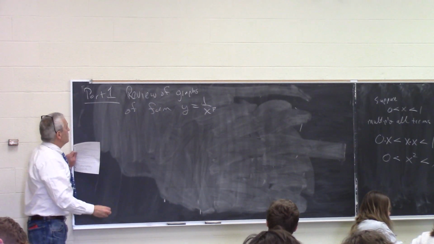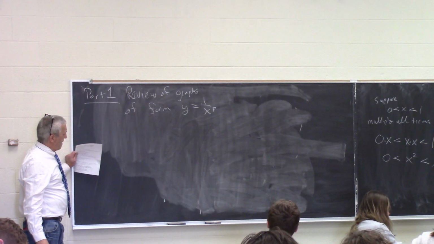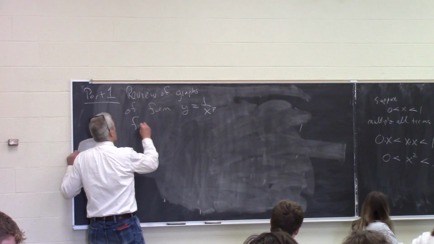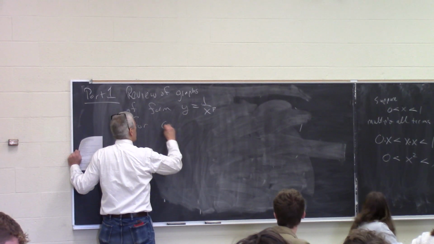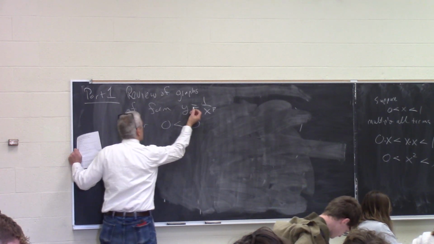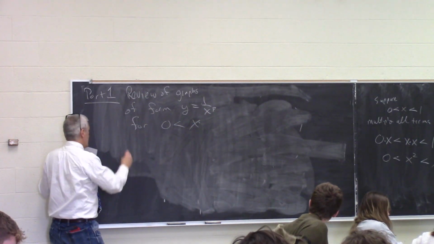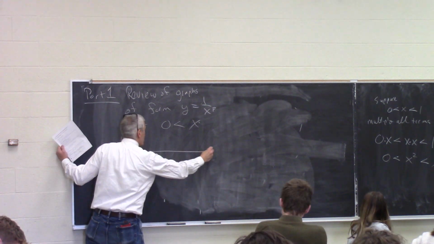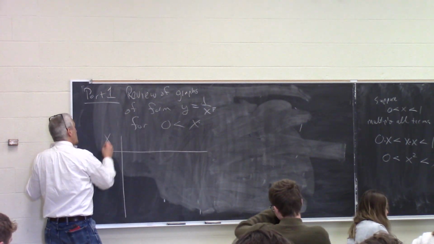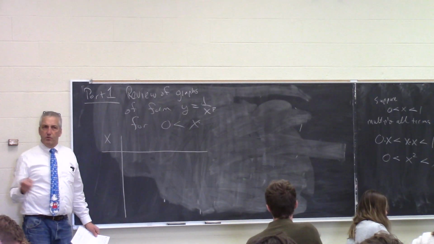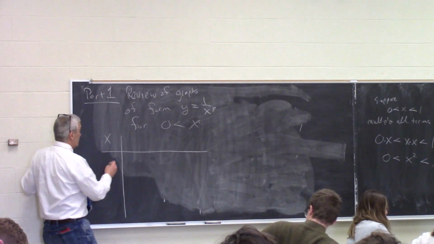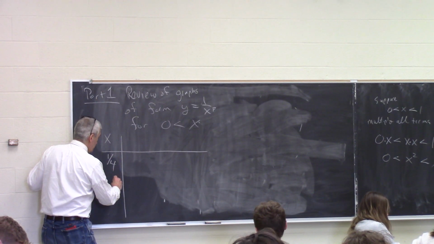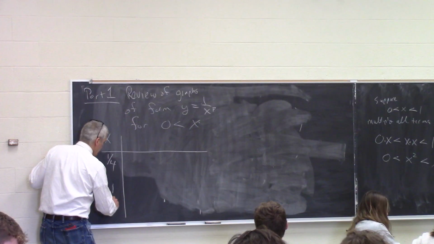And so I want to just do a couple of sample x values. And this is for x greater than 0. So I'm going to do just a few representative x values. So say x equals 1/4, x equals 1, and x equals 4.